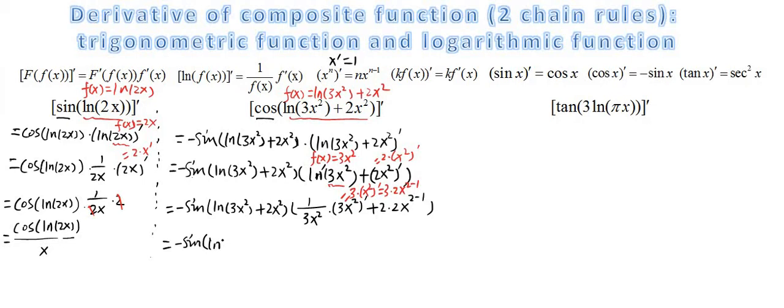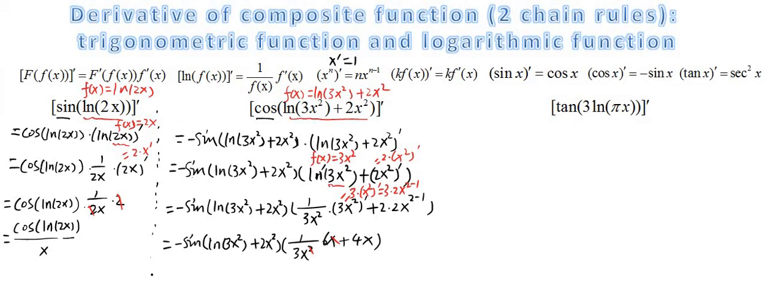So we have ln 3x squared plus 2x squared, 1 over 3x squared times, here is 3 times 2 is 6x, plus here is 4x, and now we can cancel 1 x here, cancel 1 x here, and 6 divided by 3 is 2.